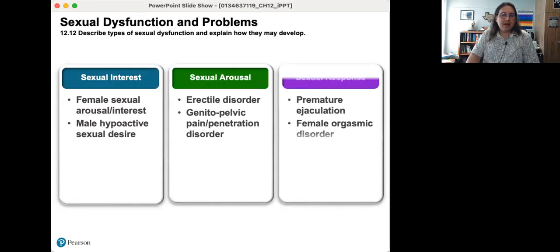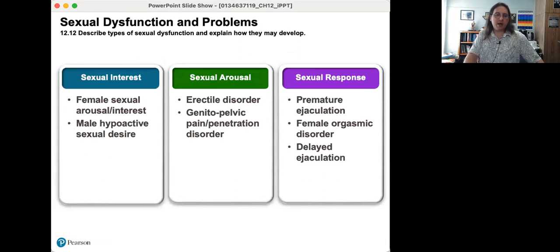All right, some sexual dysfunctions and problems that we might see as described in the DSM are sexual interest, sexual arousal, and sexual response. So, sexual interest. Now, why would this be something that is diagnosed? Why would we be looking at this as a disorder? Think about the 3Ds.